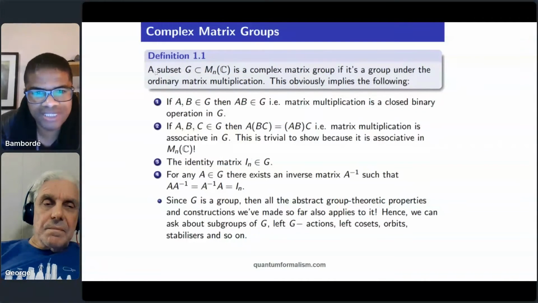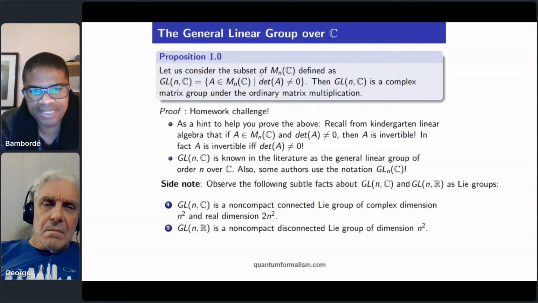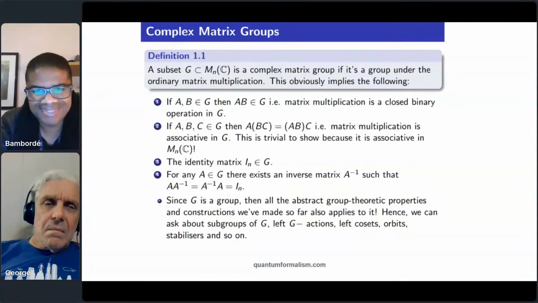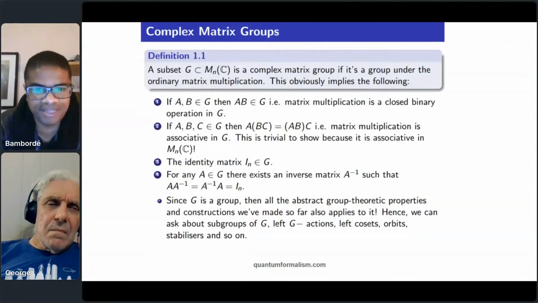Okay, so just similar to the last session with the real case, we say a subset of the n by n complex matrices is a complex matrix group if it's a group under the ordinary matrix multiplication.